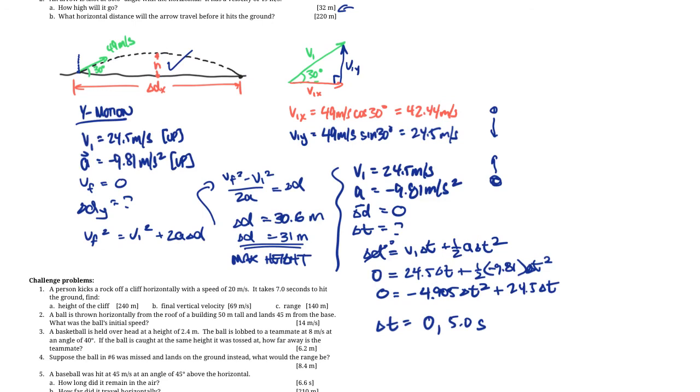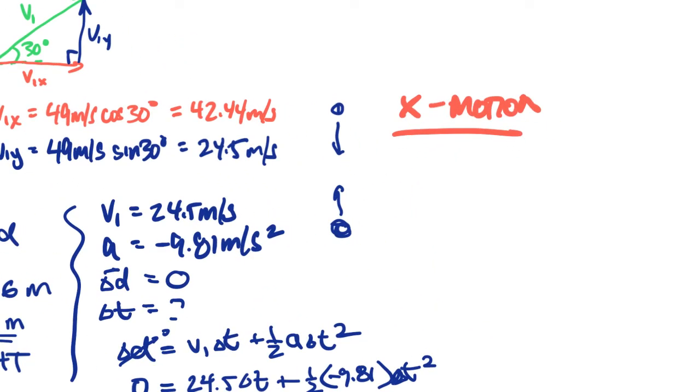Now that we know the arrow is in the air for 5 seconds, we can switch to our X motion, because our X motion is what we use to find the distance. We know that the delta D is just going to be the average speed times our time.